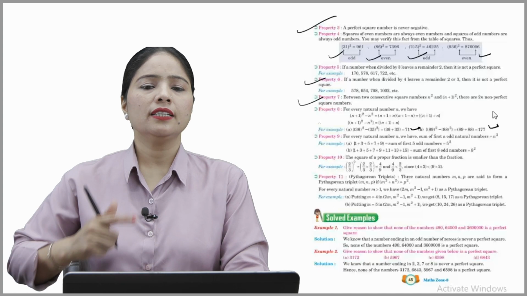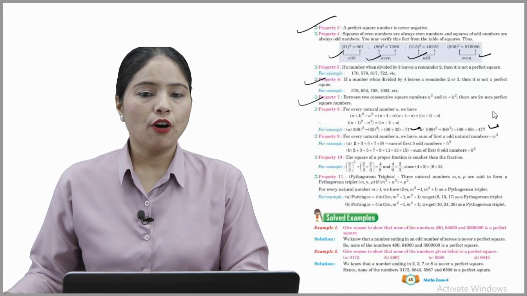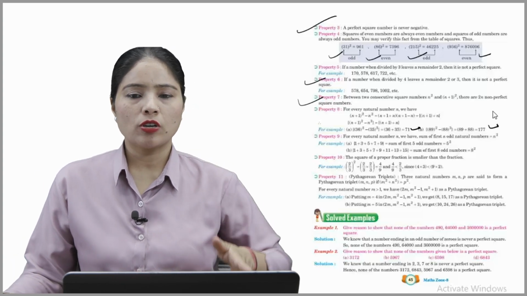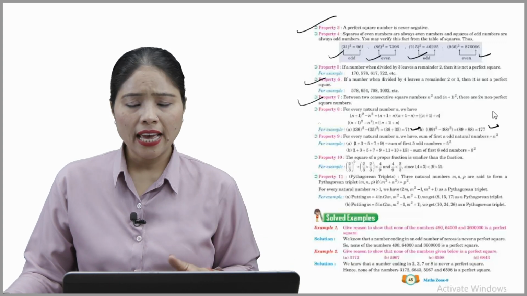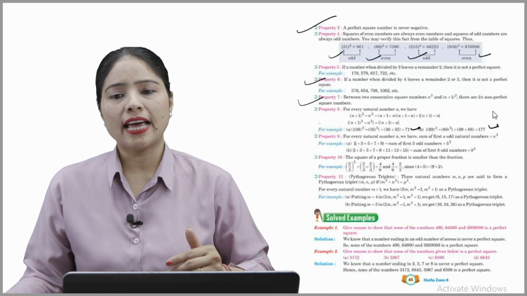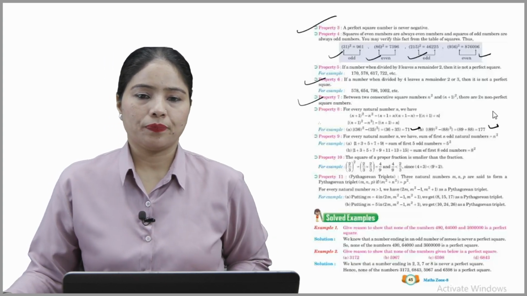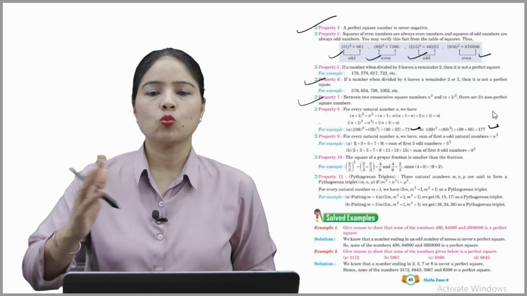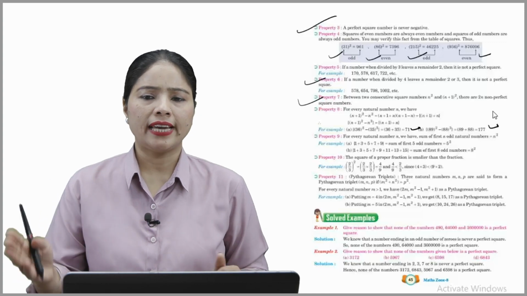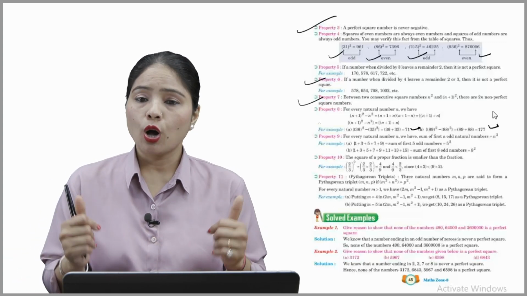Now property 9. For every natural number n, we have sum of first n odd natural numbers is equal to n square. For example, we have the numbers 1, 3, 5, 7, 9. ये हमारे क्या नंबर है? Odd number है.